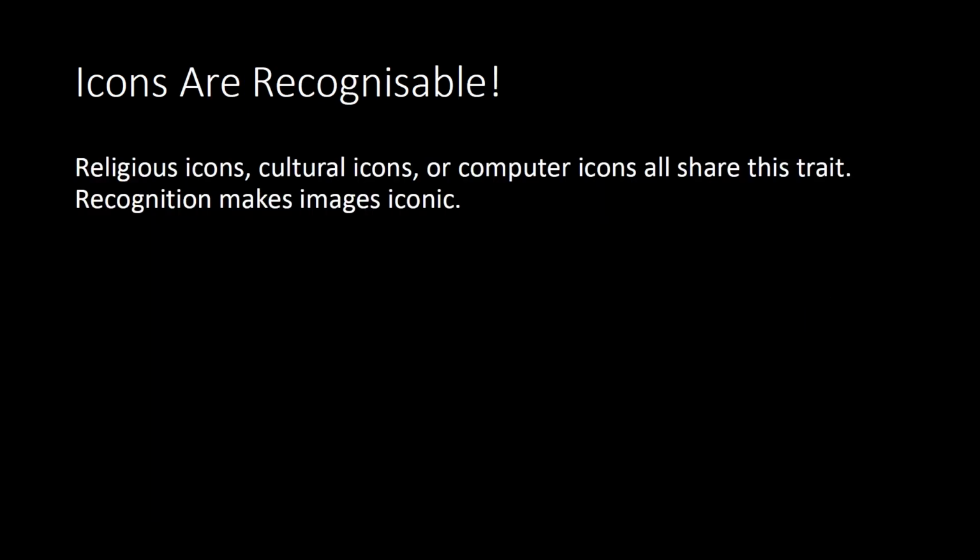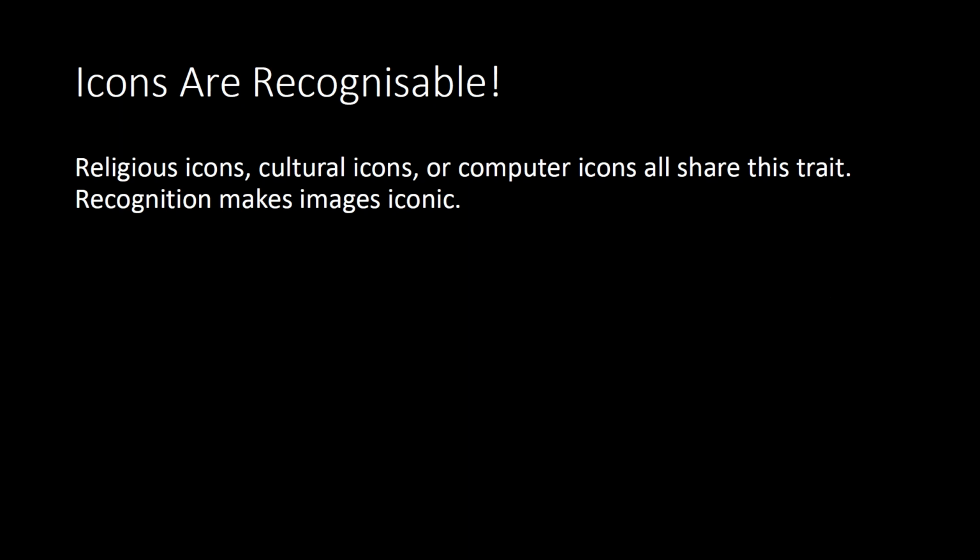So again, the graphical icons. This is the most important thing in this whole project. Icons are recognizable. Religious icons, cultural icons, or computer icons all share this trait. Recognition also makes images iconic. So as part of this project, you may decide you want to work with an iconic image. That image should be recognizable to everyone else in the class, regardless of their age.